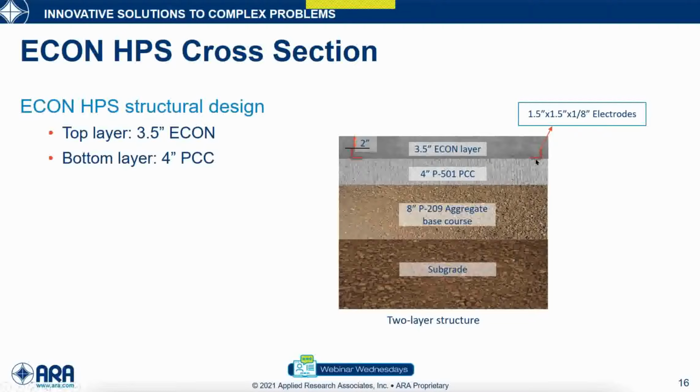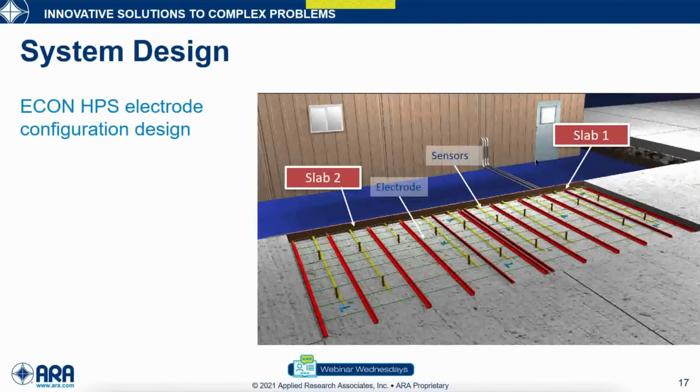The distance between electrodes, we determined based on the energy required. And this is how it looks. This is just a 3D image, and we placed 6 electrodes, highlighted in red, and then we connected them to the power supply inside the hangars.